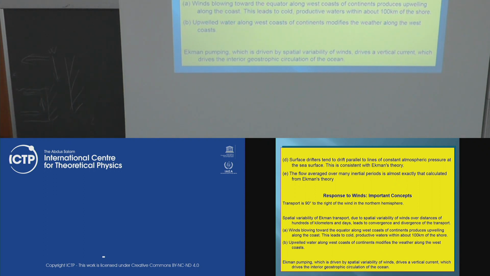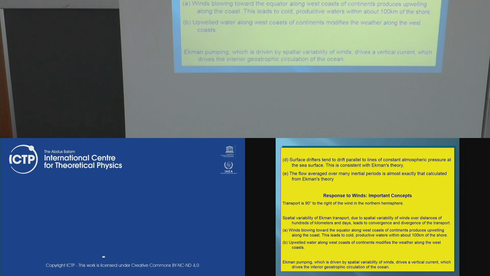Ekman pumping or Ekman suction is due to the spatial heterogeneity, or spatial variations, of the wind, which then produces vertical movement at the open sea.